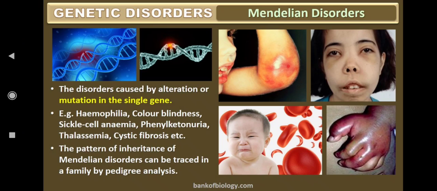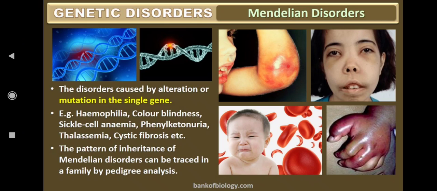So Mendelian disorders. What are Mendelian disorders? The disorders caused by alteration or mutation in a single gene. Make a note of it. If the disorder takes place in the gene, as we discussed, hemophilia, color blindness, sickle cell anemia, phenylketonuria, thalassemia, cystic fibrosis, all of these diseases belong to this Mendelian disorder.